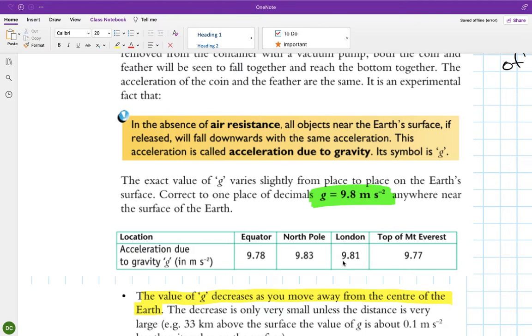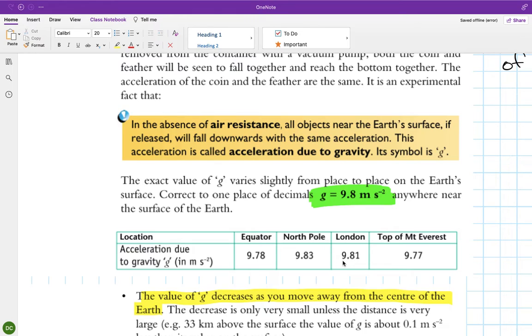I don't want to get into this too much here, but it's because the Earth is not a perfect sphere. You do have parts of the Earth where you're a little bit further away from the center than in other parts. So the North and South Pole are actually a little bit closer to the center of the Earth than the equator. If you imagine a sphere and then put your hand on the North and South Pole and squish it a little. And so that's why gravity is ever so slightly different.